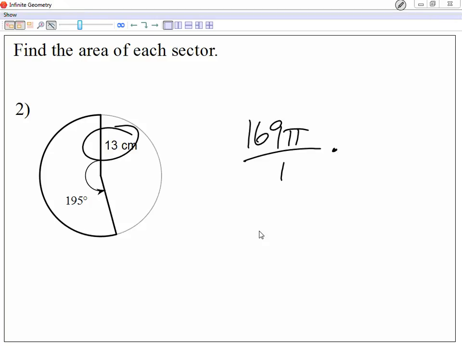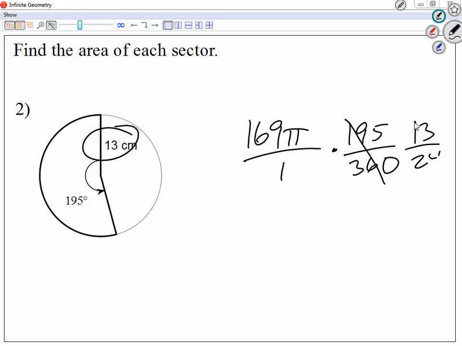And I'm going to multiply this by 195 over 360, the area of the circle times how much of the circle we have. Let me simplify 195 over 360. Let me divide each by 15. You say what? 13 over 24.